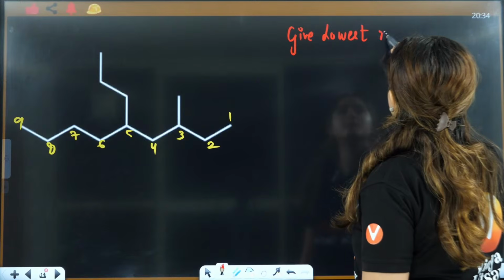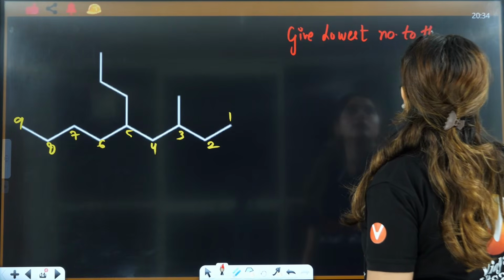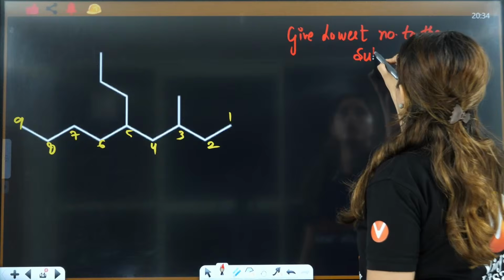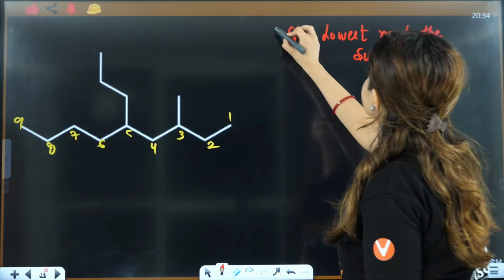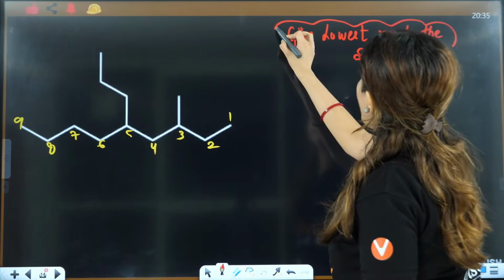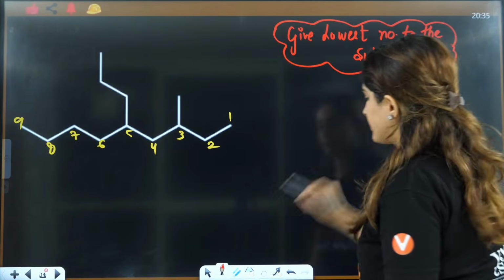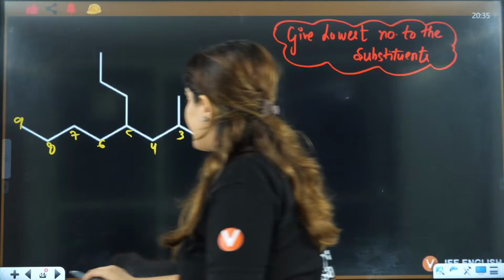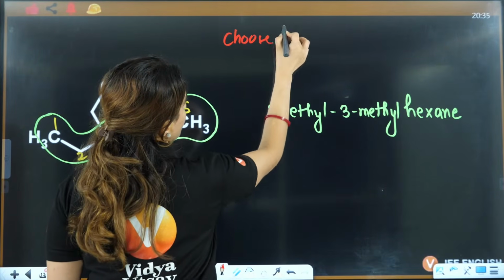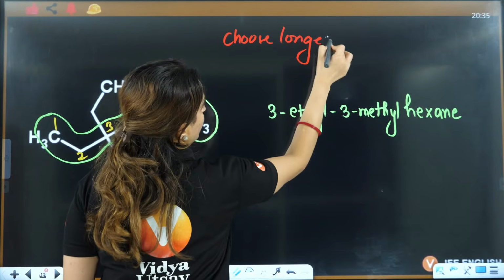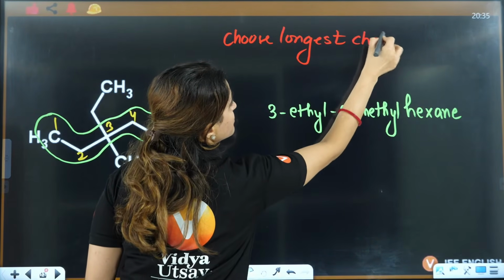Give lowest number to the substituents. That is the reason I am choosing this numbering here. And here you can write: choose longest chain.